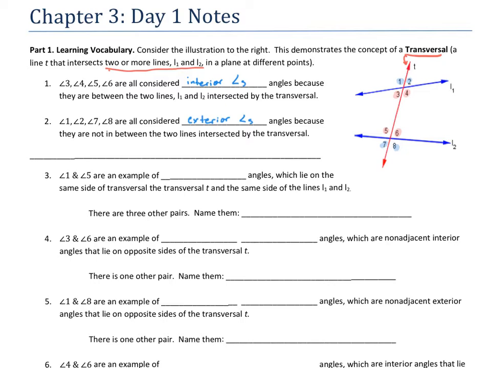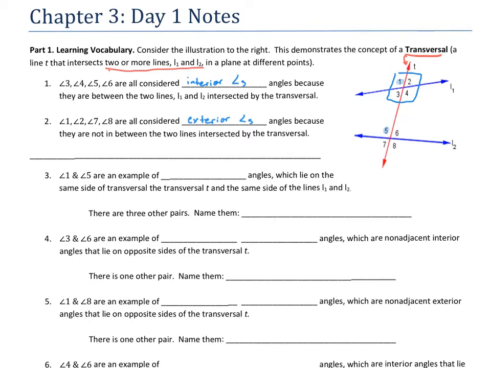Moving on, the next one is angles 1 and 5. Here we have angle 1, and here we have angle 5. Notice how you could almost draw a box.